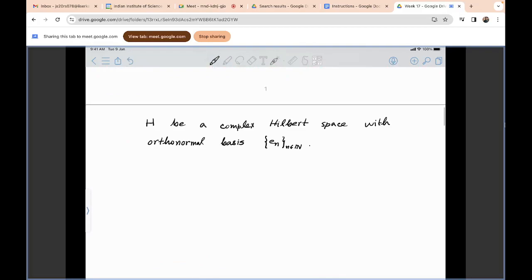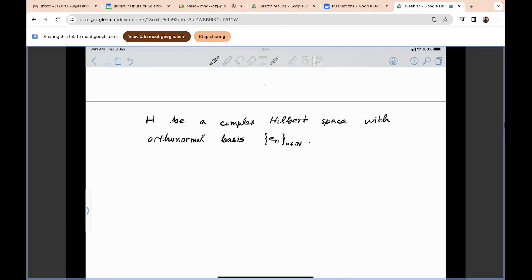So let's first prove P. For that we need a result, the Riesz representation theorem. So what is the Riesz representation theorem?